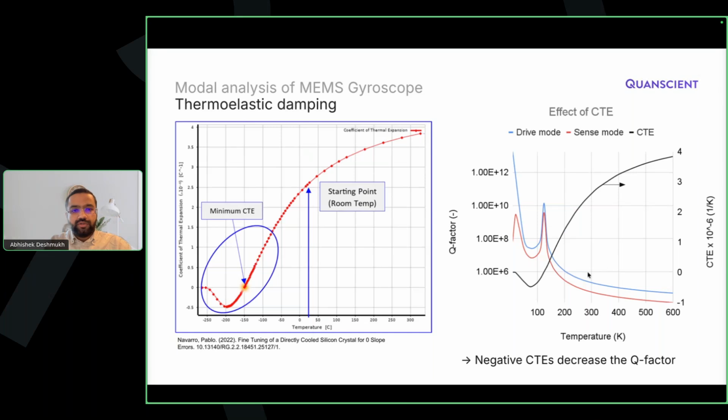And what I wanted to check was how the coefficient of thermal expansion is affecting the performance. And I found this nice plot online in this publication, where they have measured the coefficient of thermal expansion of silicon. And the interesting thing is that it also goes negative at low temperatures.